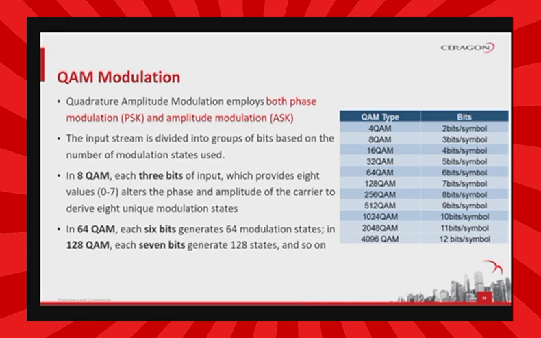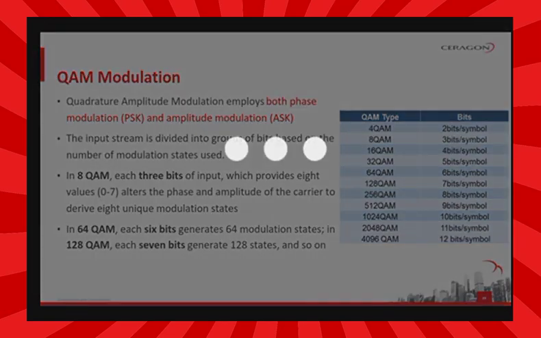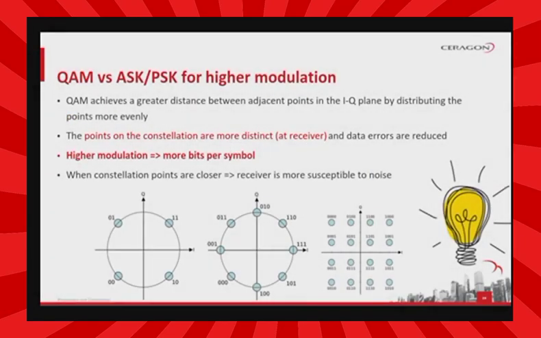The higher the modulation, the more capacity we have, as 4 QAM can carry 2 bits per symbol, 8 QAM can carry 3 bits per symbol and so on, up to 4096 QAM, that carries 12 bits per symbol. Quadrature amplitude modulation achieves a greater distance between adjacent points in the IQ plane by distributing the points more evenly.